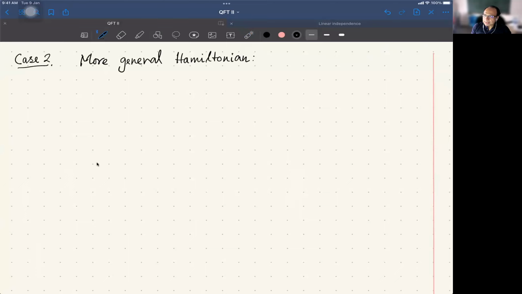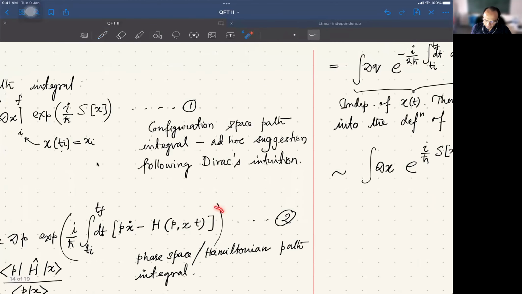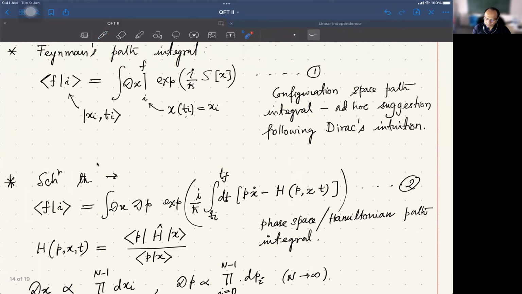In this case, we do not assume any particular form for this function h(p, x, t), and let us take it arbitrary. Then how would you go from here to here?